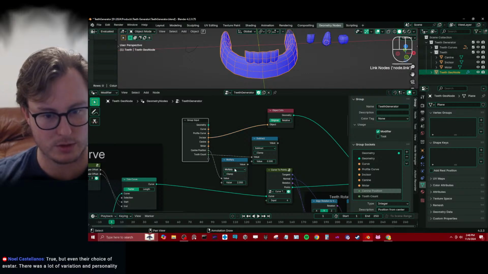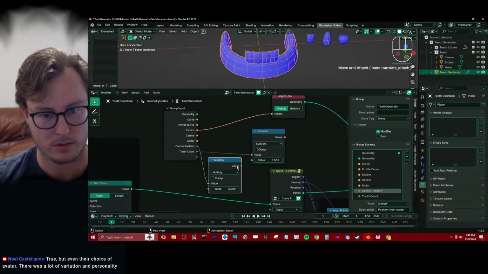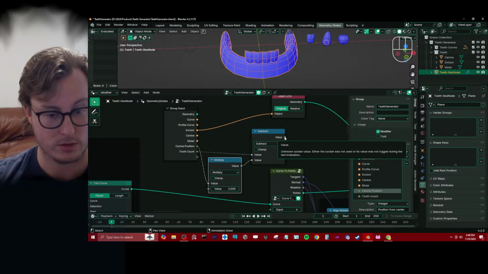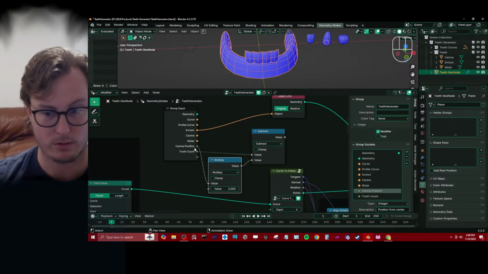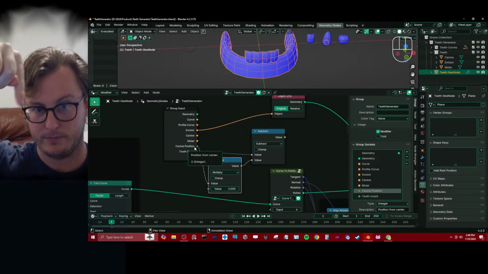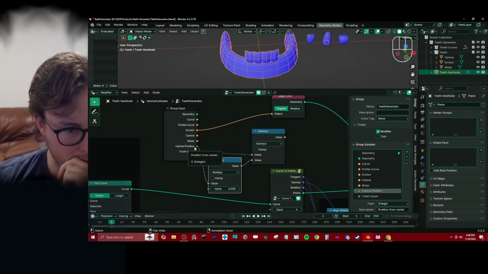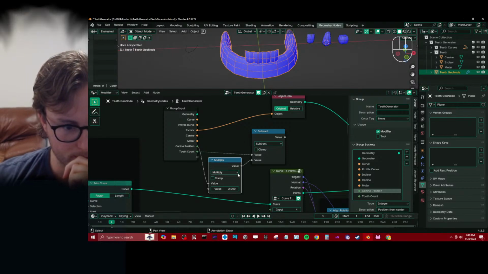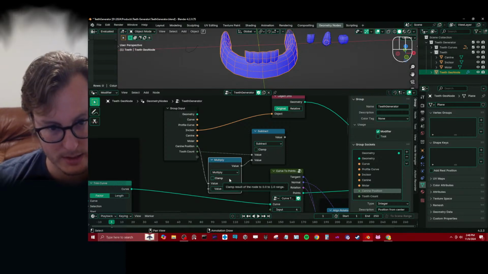Say canine position, multiply that. Should just be a straight value. Canine position is 1, 2, 3. Okay, 3 means this is now 6. 24 minus 6 is 18.